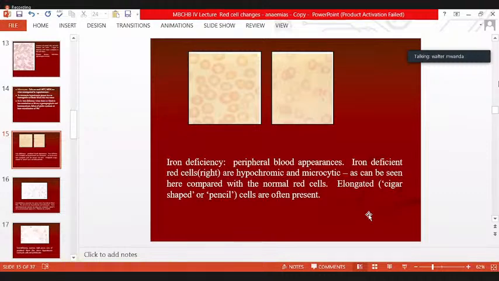In other words, initially it is just microcytosis, but as the cause persists, as the cause becomes worse, there are the attendant changes, not only in the shape, but also in the inclusions.